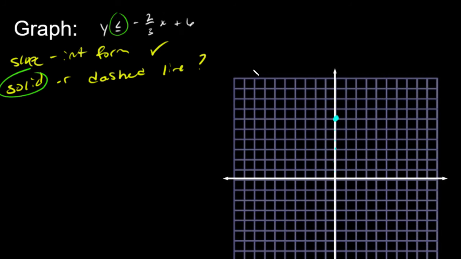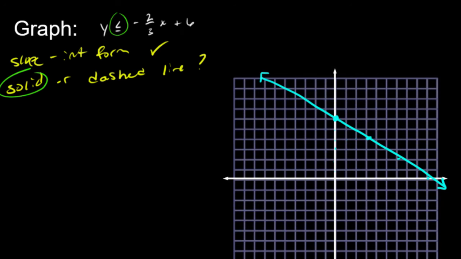There's my y-intercept. And a slope of negative 2/3 means you go in the negative direction for the rise, so you go down 2 and right 3. Down 2, right 3. 1, 2, 3. Down 2, right 3. And then you use a solid line. Okay, so far, so good.